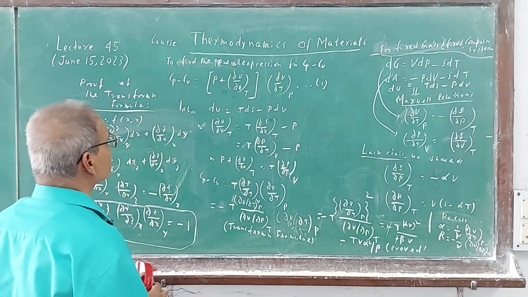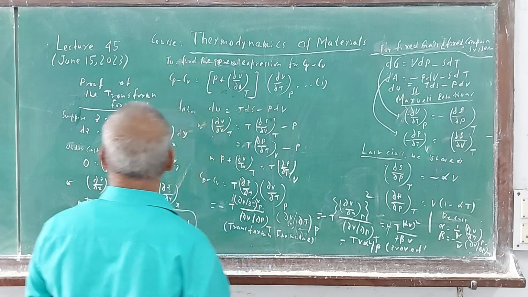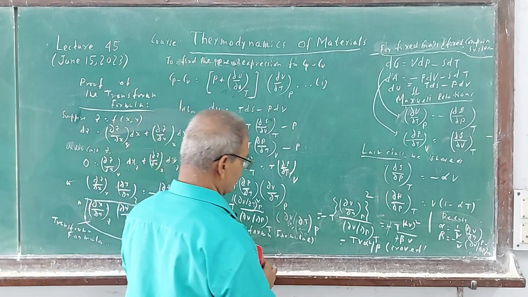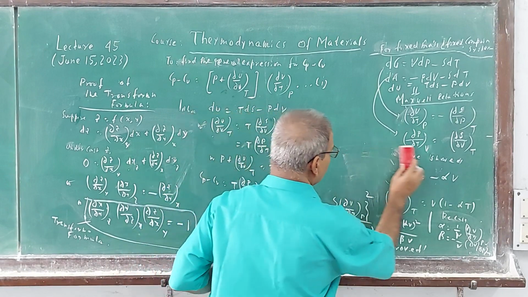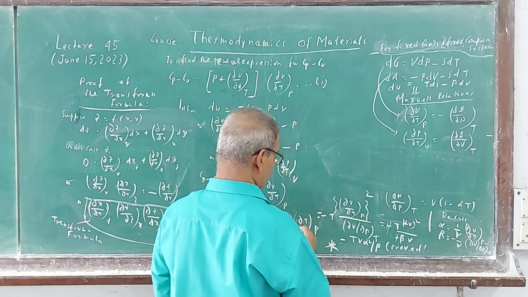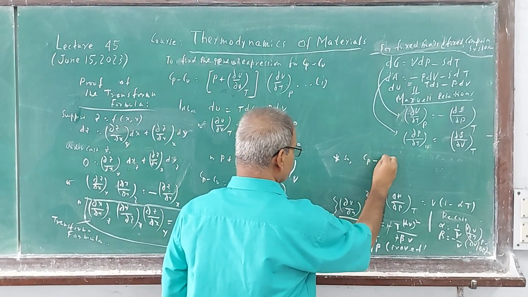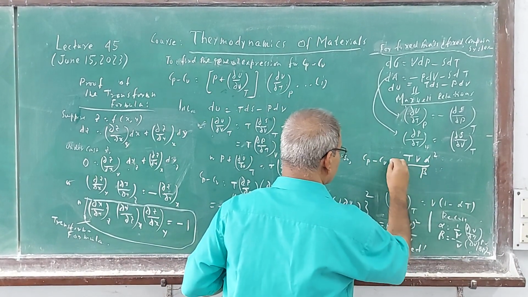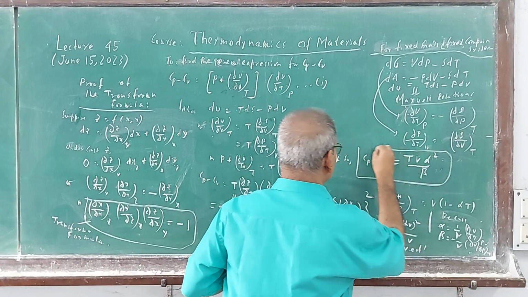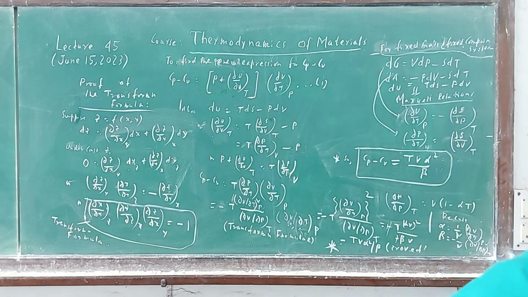So Cp minus Cv is T V alpha squared by beta. Box this. You can use this to find one when the other is known. Okay, this part is over.